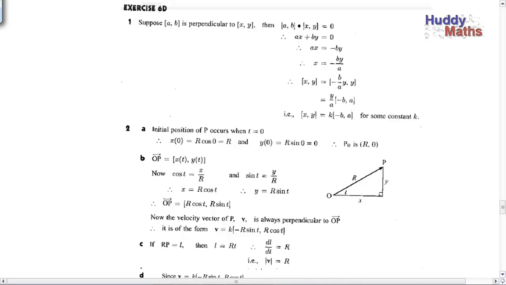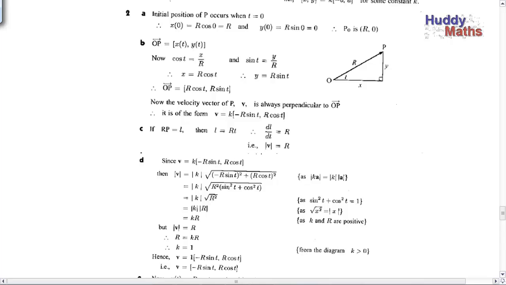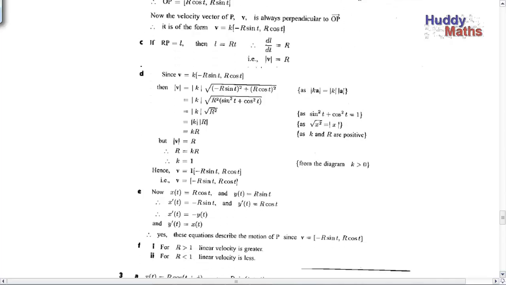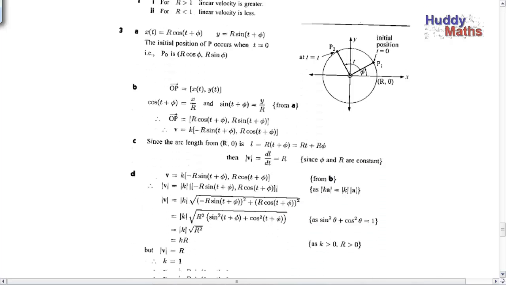Okay, so here's question 1. Now I want you to stay with this right through to the end, because we have got a summary coming up at the end. Let's have a look at question 2. That's A, B, and C and D. And then I'll show you E and F. And let's go to 3.